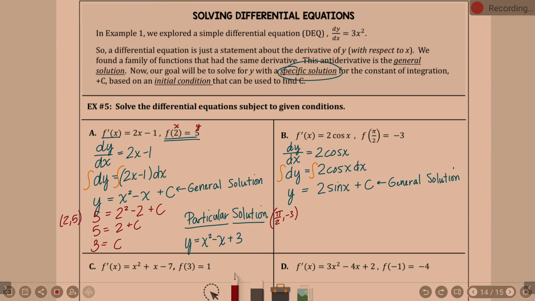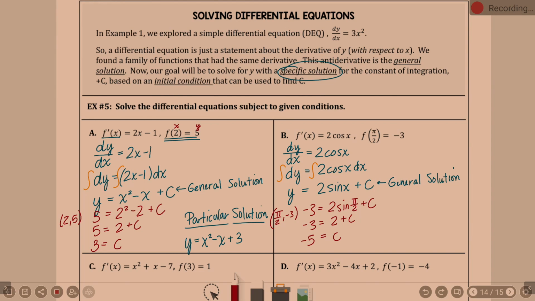So y equals negative 3 equals 2 times the sine of pi over 2 plus c. What is the sine of pi over 2? 1. So negative 3 equals 2 plus c. Subtract 2. C is negative 5.